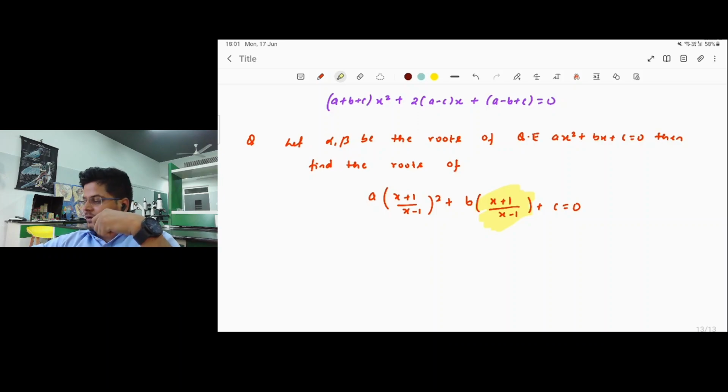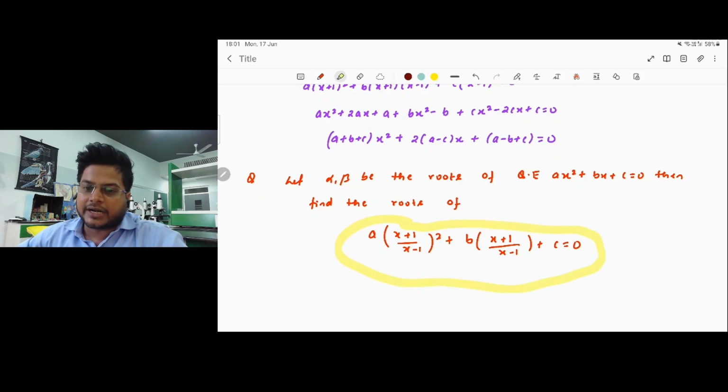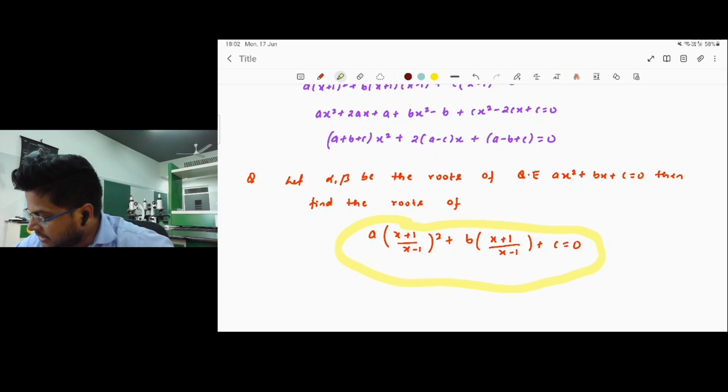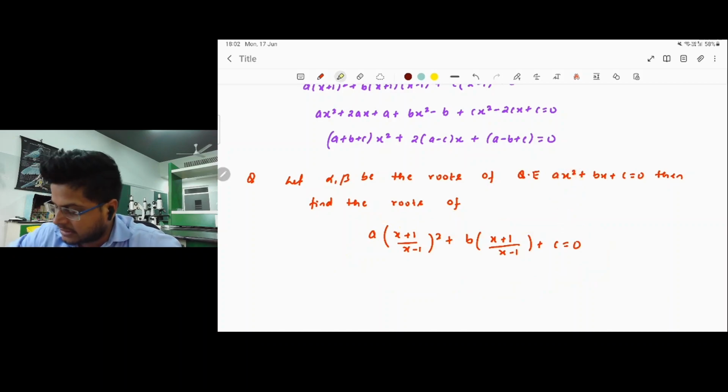Now, instead of doing it that way, I can save some time. How? You can see how this entire equation has been generated. It has been generated by replacing x with (x+1)/(x-1), isn't it?